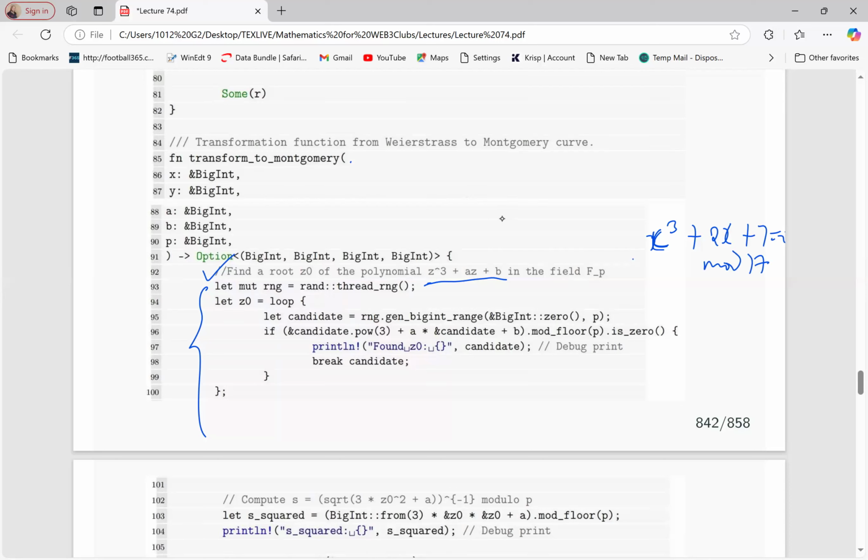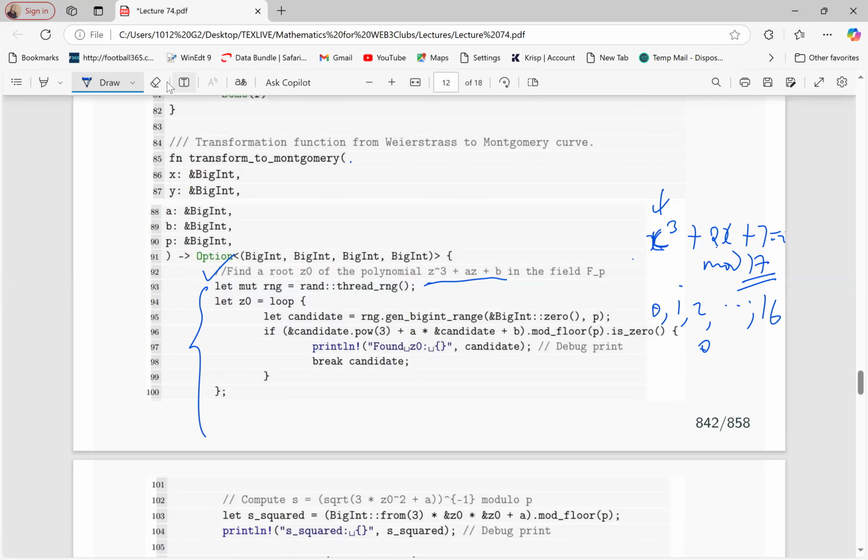The easiest way I thought was to use brute force, where it's trying all values mod 17, so value 0, 1, 2, 3, up to 16. It's trying each of them to see which one will give it 0. So it tries 0, 0 cubed plus 2 multiplied by 0 plus 7. This does not give us 0. Tries 1 until it reaches a value that gives it 0. So that value is the root it's then looking for.